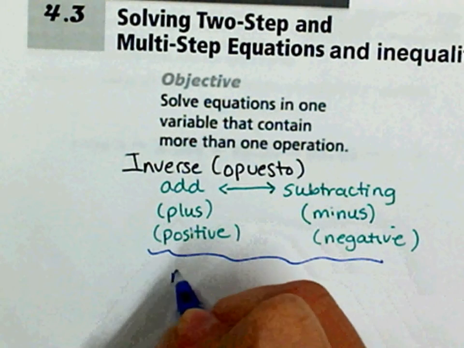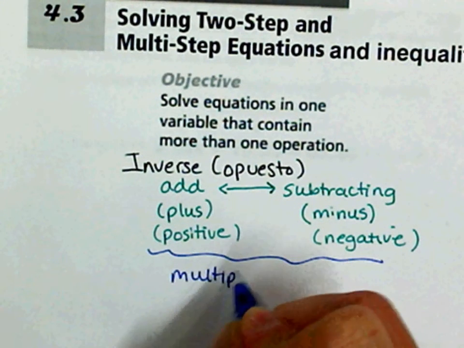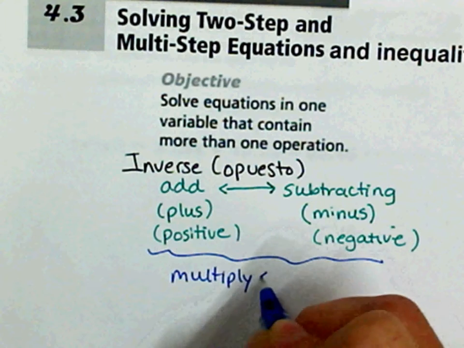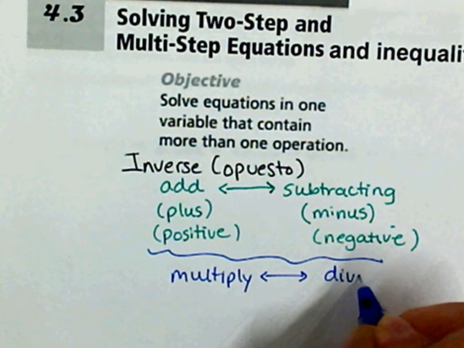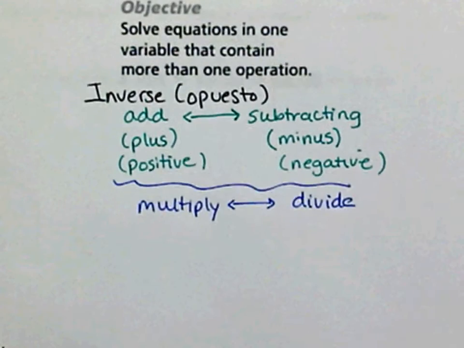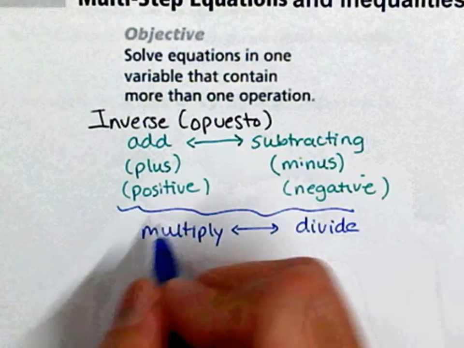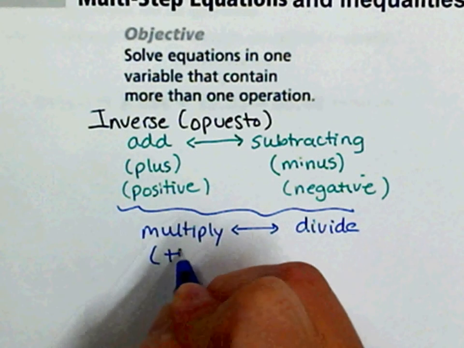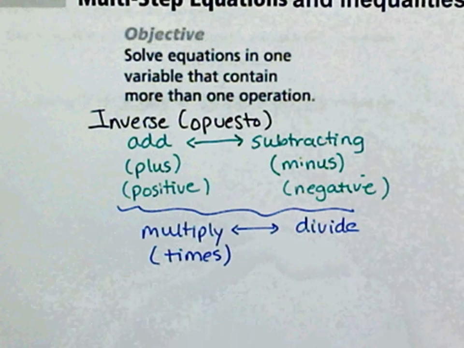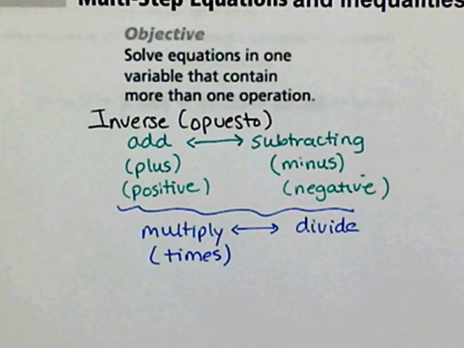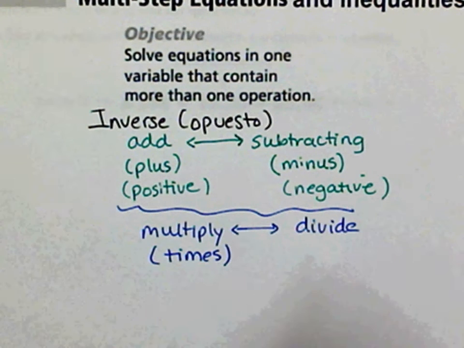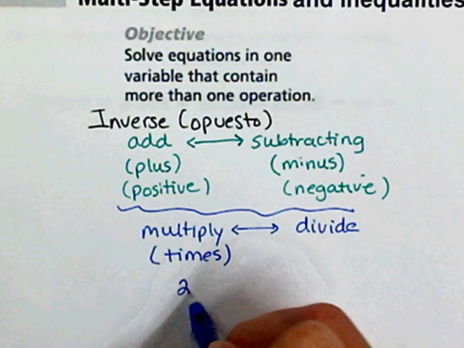Now, what is opposite of multiplying? Dividing. Very good. Divide. And sometimes instead of the word multiply, you may hear the word times. An example of that would be like 2x.